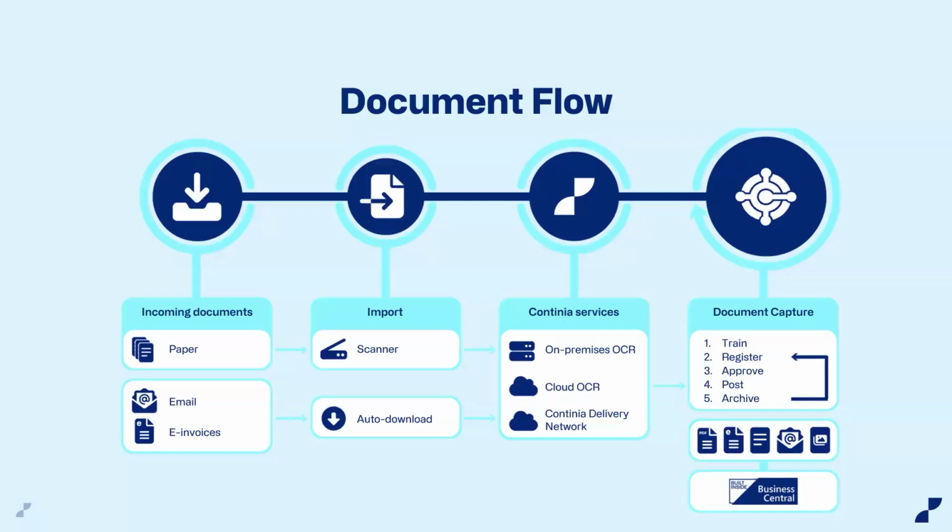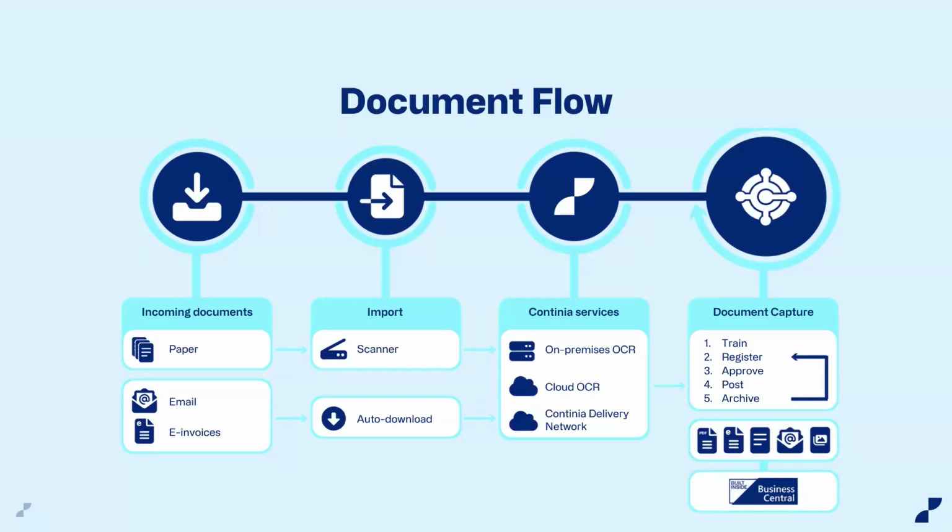So what is the typical document flow when using Continia Document Capture? We have some incoming documents, either in paper form or in an email as a PDF attachment. You can then import those documents. If they're paper documents, they could be scanned in from an external scanner, or if they're in an email format, they can be forwarded into Business Central and Continia through what is known as a cloud OCR email.